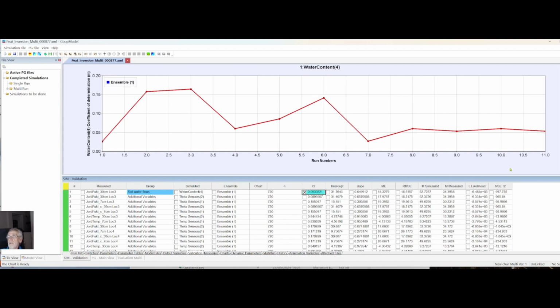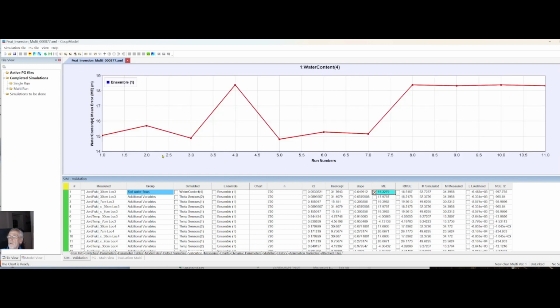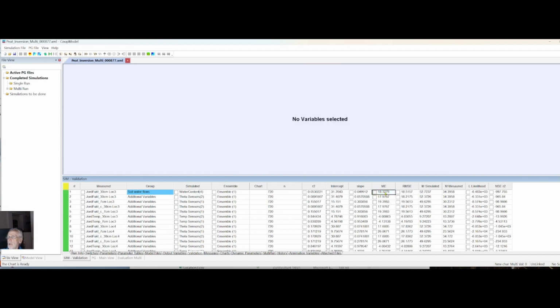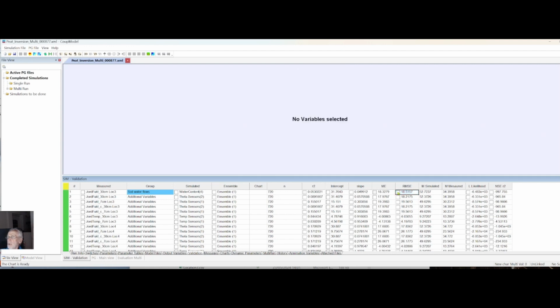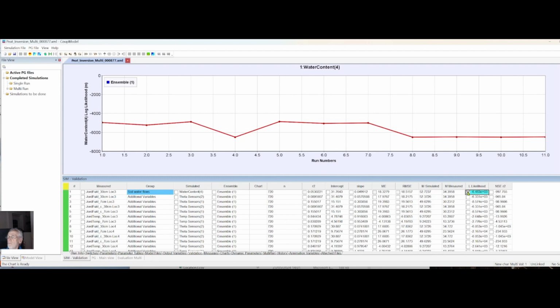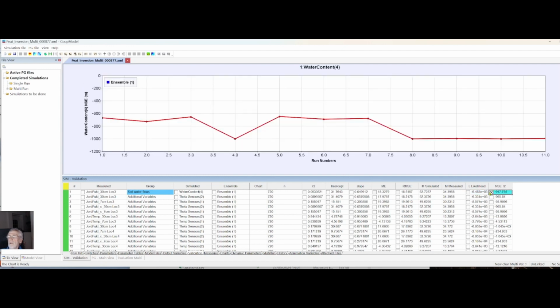So this means that it is sensitive to the parameters. The same is, for instance, if I look to another, like the mean error, it goes also up and down. And we have root mean square error, and we have log likelihood, and we have a Nash-Sutcliffe's R2.